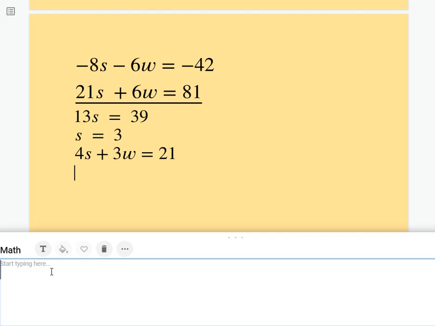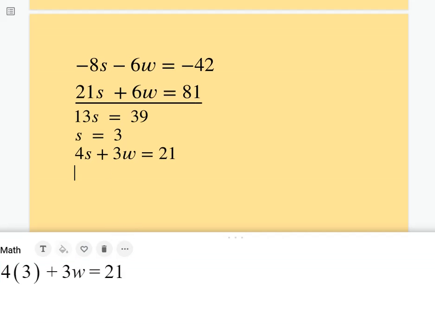You get 4 times S, which becomes 4 times 3, plus 3W. Now you know we're trying to solve for W. It equals 21, right? So that's what that is right there.